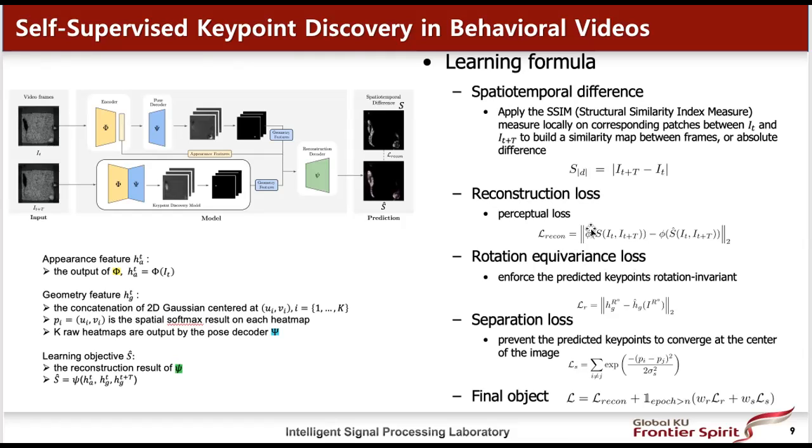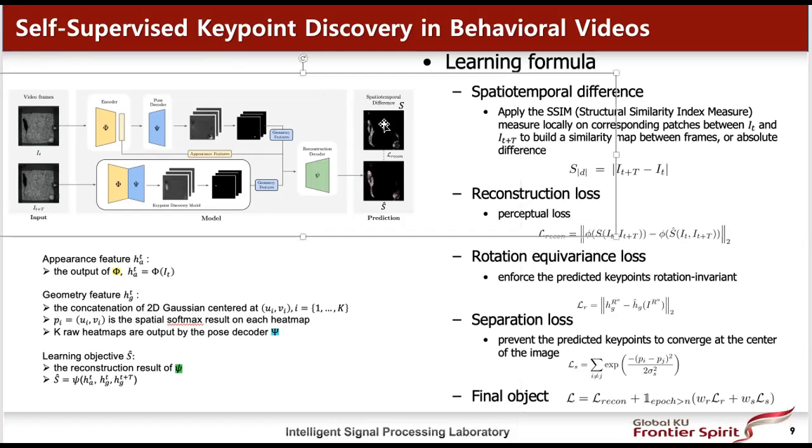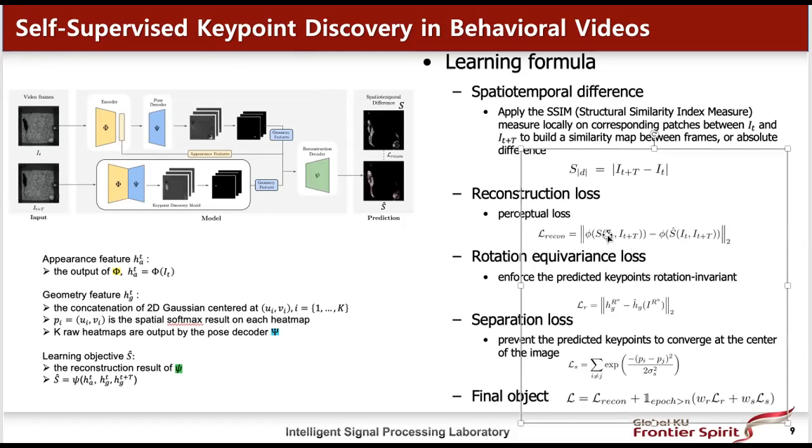So we can see for the first term, the most important term is the reconstruction loss. Okay. And S represents the difference between the two inputs, and it's shown in the input. Yeah. Right. It can be calculated from the original input of the video, two video frames. And the second one, S hat, represents the reconstruction result.